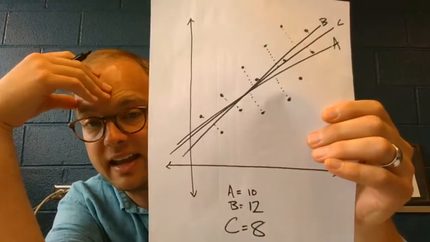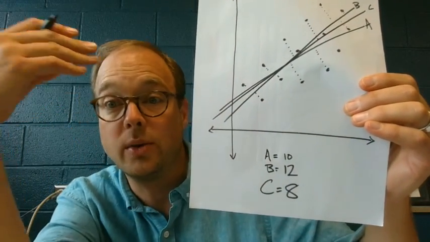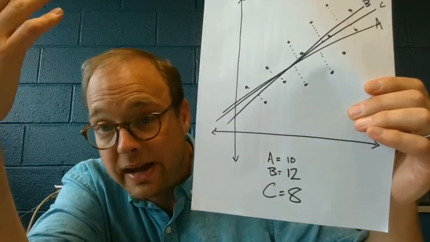I'm going to call this line C. And once I have line C, I'm going to measure the residuals, square the residuals, and then add the squared residuals together. And lo and behold, let's say line C has a summed squared residual of 8. That's the best fit yet, but we're not done.